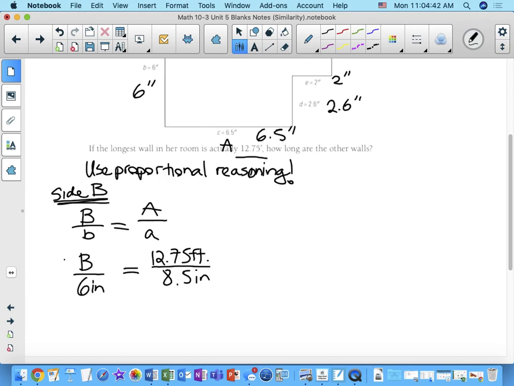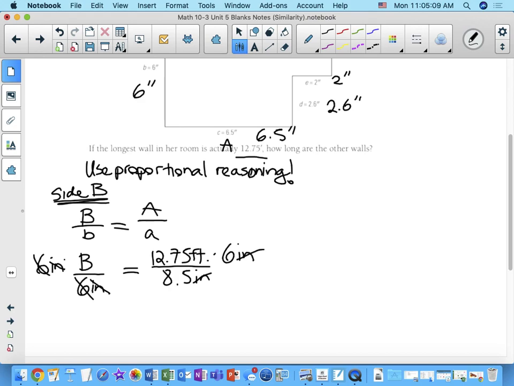And I'm actually going to multiply by 6 inches, just to show you how the unit analysis works. This is kind of cool. Not only do the 6's cancel, but the inches cancel too. Now on the right side, the 6 doesn't cancel with anything, but the inches do cancel.